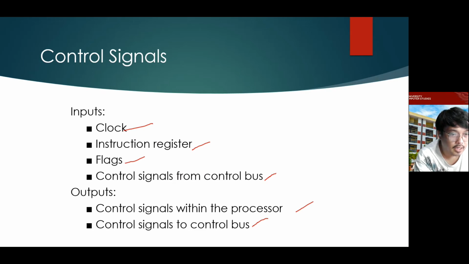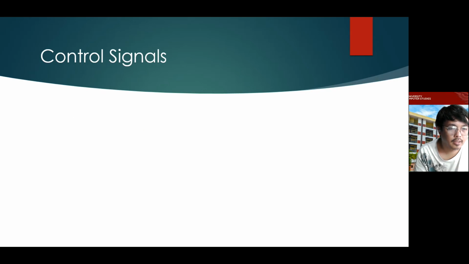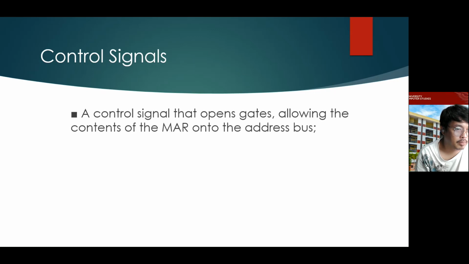That is the fetch cycle performed in the processor, or from the control unit. And the control unit sends the following control signals simultaneously. Number one, a control signal that opens gates allowing the content of the MAR into the address bus.